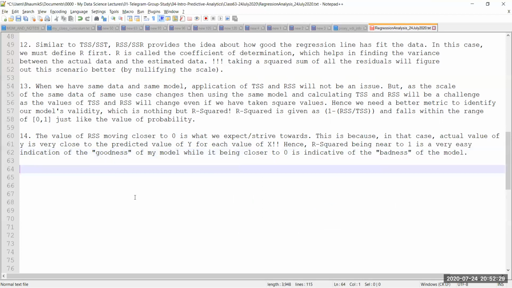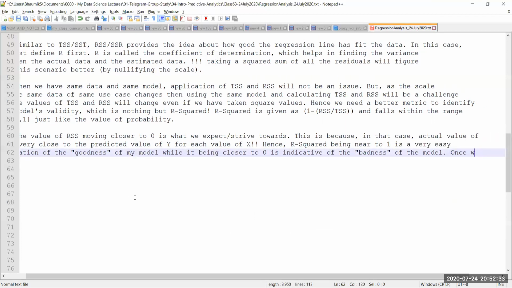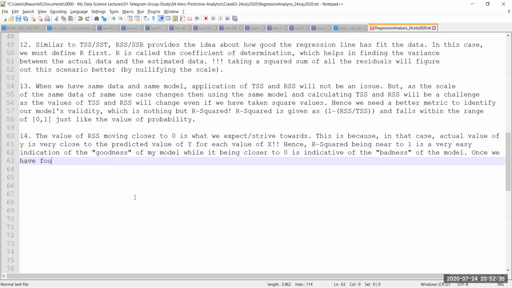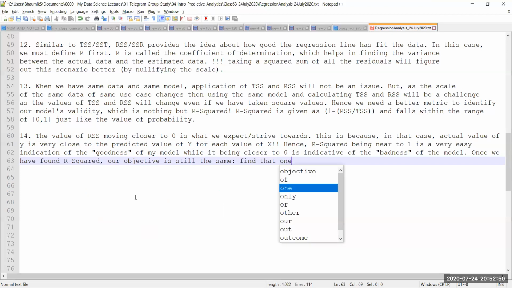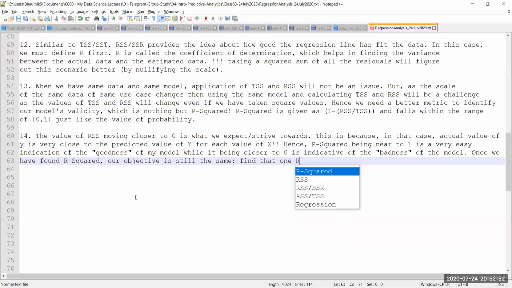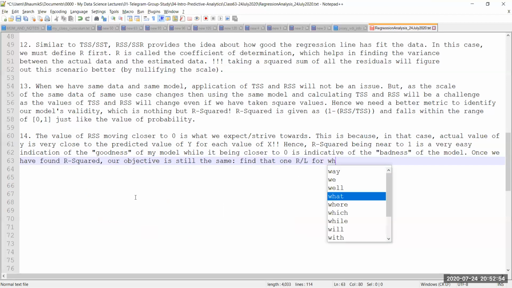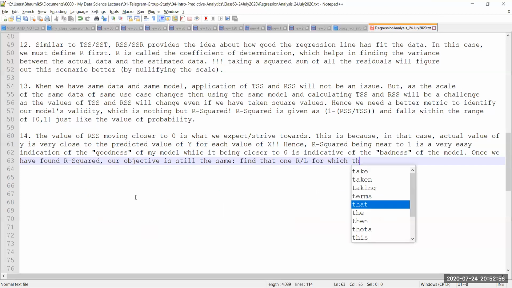right? So that's exactly what we are going to do now. Once we have found R square, our objective is still the same. Find that one regression line for which this value is the minimal, right?